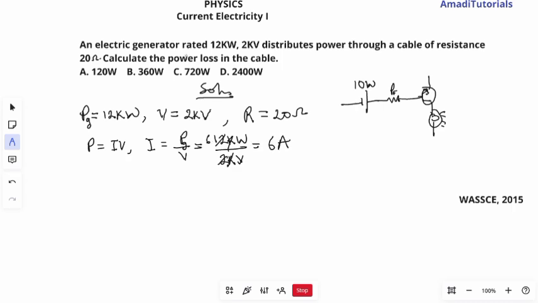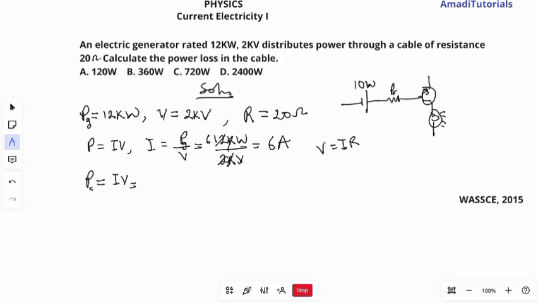So the current coming from that generator is 6 amps. So the current that will be running through the cable is 6 amps. So therefore, to get the power dissipated by the cable, you know power is I times V. We are not talking about the voltage of the cable. If you remember Ohm's law, that V equals IR.